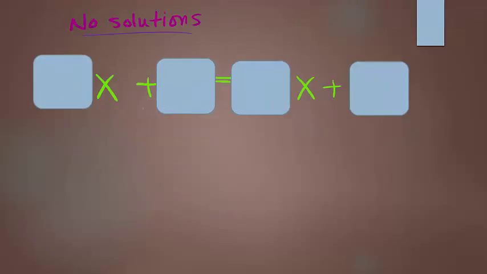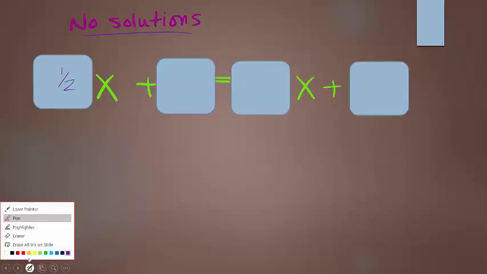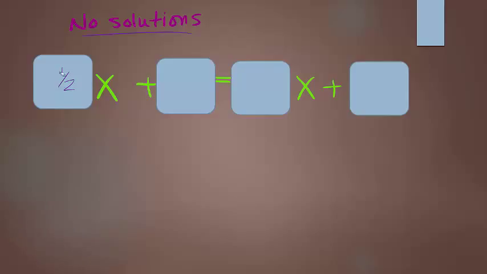All right, what about no solutions? So we know that we are going to have 2 lines that will never intersect. And when does that happen? When they are parallel. So we want to have the same slope. I'm going to do this one a little different. So we want to have the same slope.